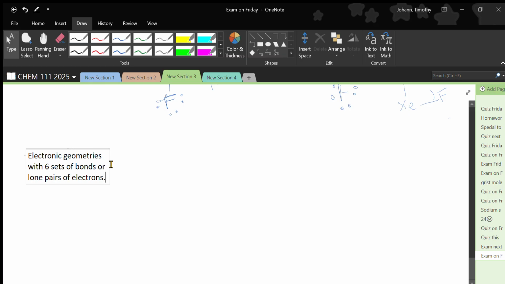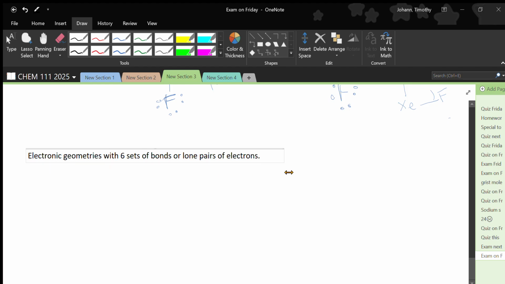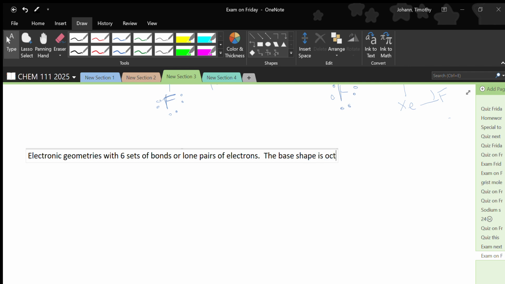When I'm saying 6 sets of bonds, a triple bond counts as one thing. A double bond counts as one thing. And a single bond obviously counts as one thing. Okay, the base shape is octahedral. All right, if you have played D&D, it's the 8-sided die.